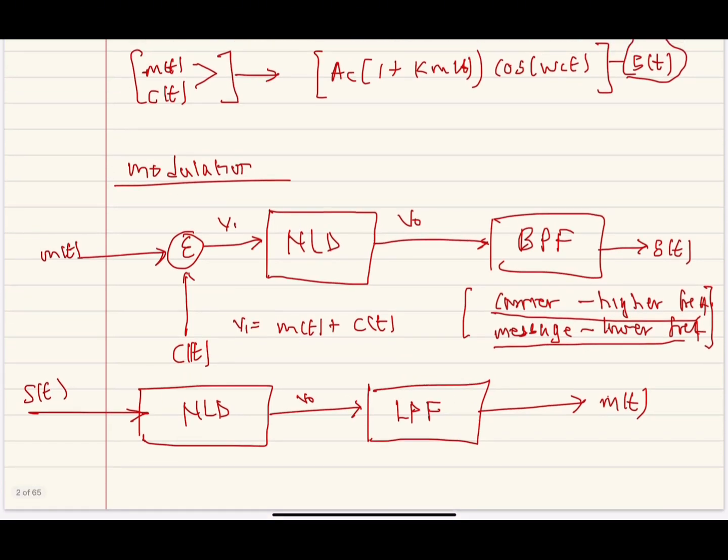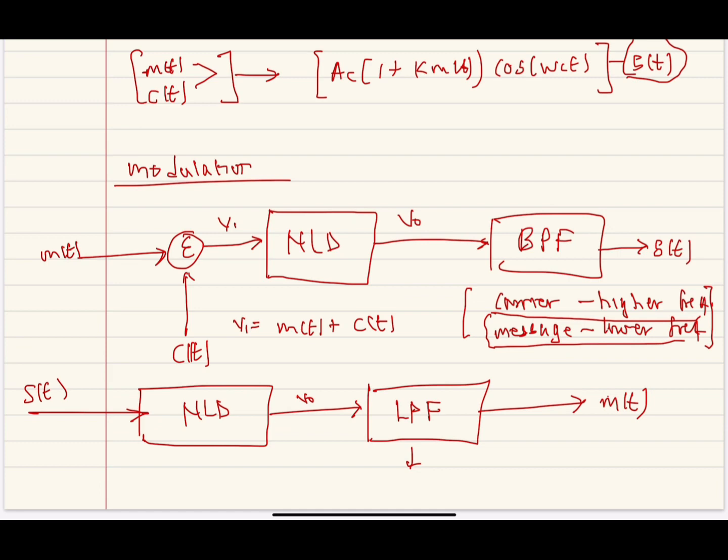So in this way, we have a mix of both lower and higher frequencies. So if we want to extract back our original information, it means that we need the information with the lower frequency, which is the message signal. And therefore, this low pass filter will allow us to get the message signal with the lower frequencies.